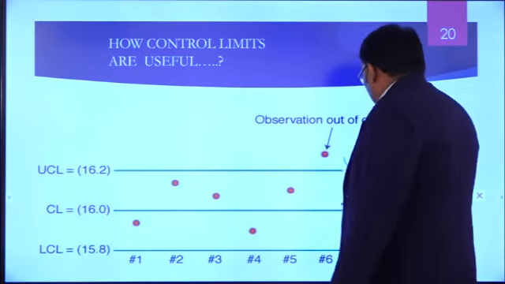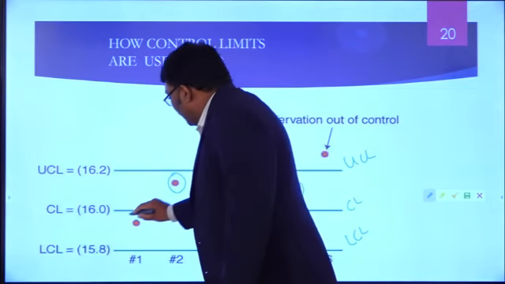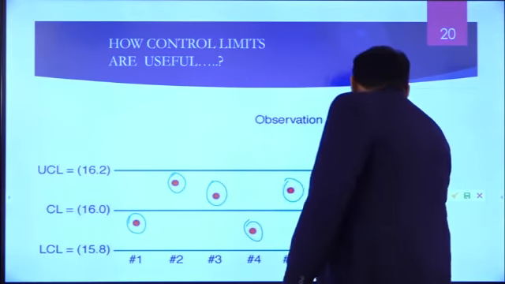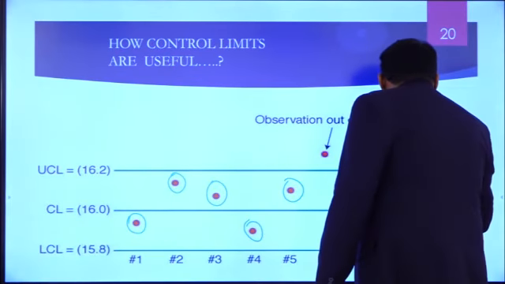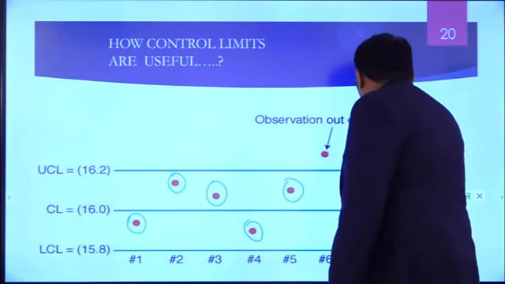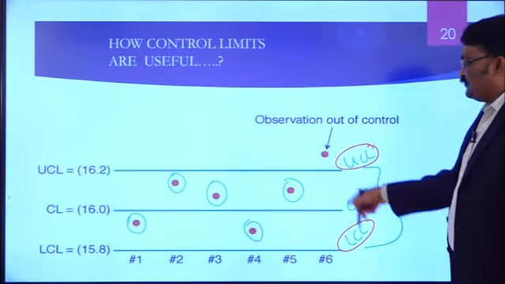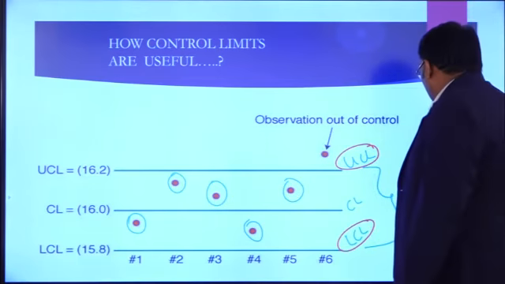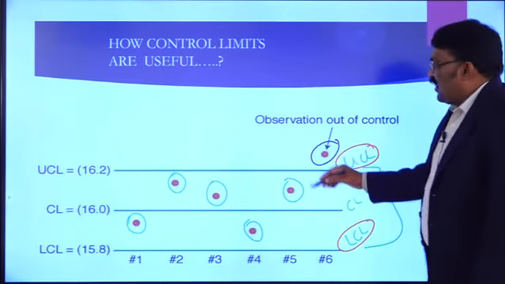These are the manufactured products. These are within the range of UCL and LCL, all these 5 products, whereas only this product is out of control.